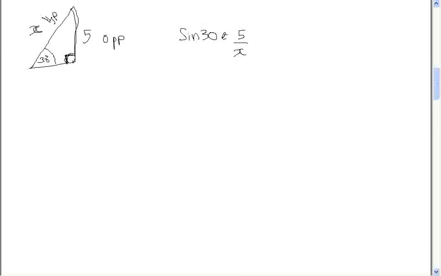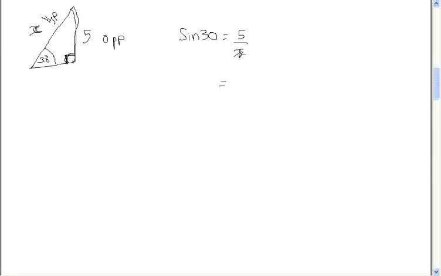Now to figure out what x is, I've got to do a little algebraic manipulation here. You need to be very thorough with your algebra here. So I'm going to have to make x the subject. I'm going to do it step by step for those who struggle a bit with their algebra.